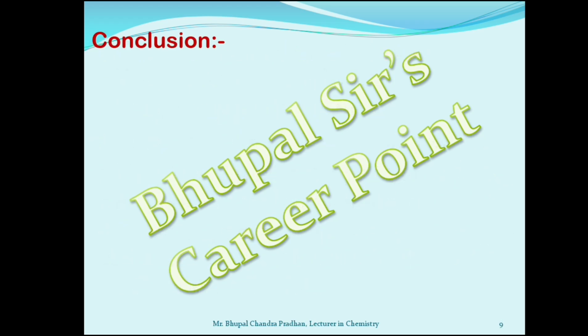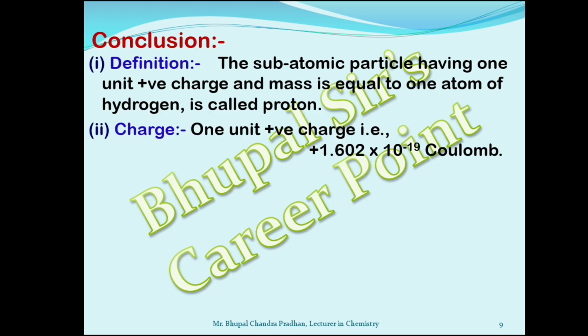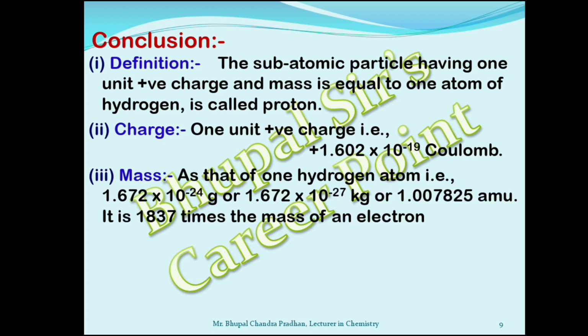What are the different conclusions obtained from the experiment? The subatomic particle having 1 unit positive charge and mass equal to 1 atom of hydrogen is called the proton. Charge: 1 unit positive charge, in magnitude 1.602 × 10^-19. The magnitude of charge is equal in the case of electron and proton, only the sign is different.